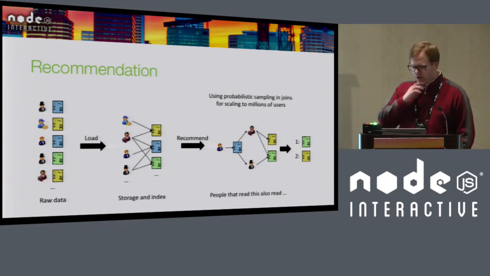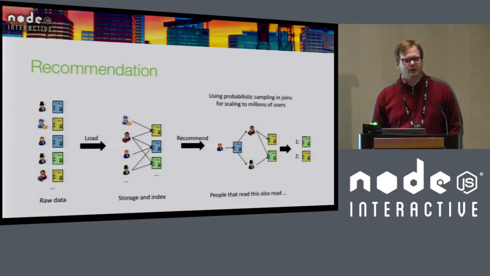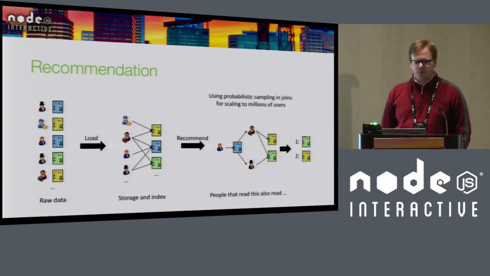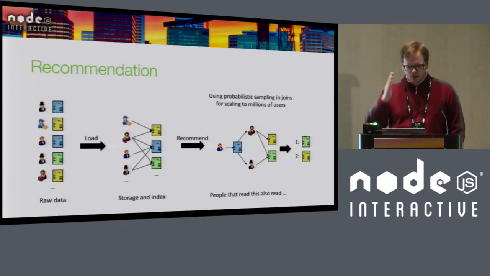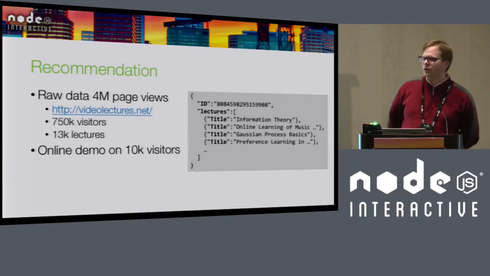Now, the internal storage representation we use allows for something we call probabilistic sampling. So even if you have millions of users or millions of items, you can still do this kind of joins in a matter of milliseconds. So you can scale quite well. For the examples, we'll be showing page view data from one website called videolectures.net.